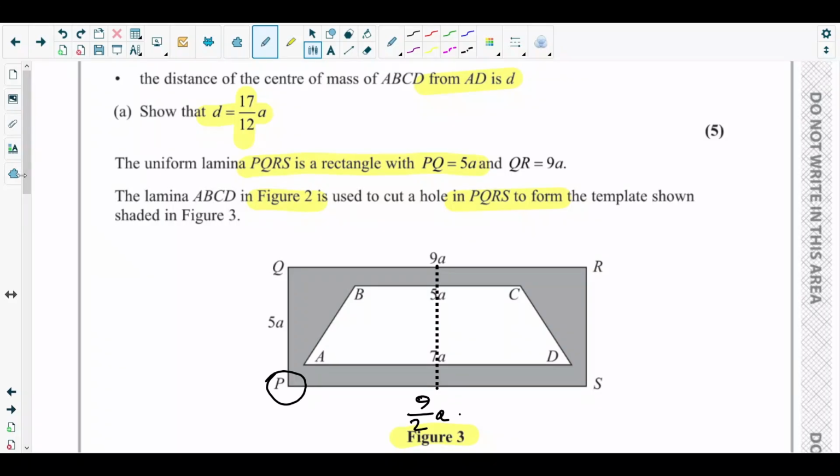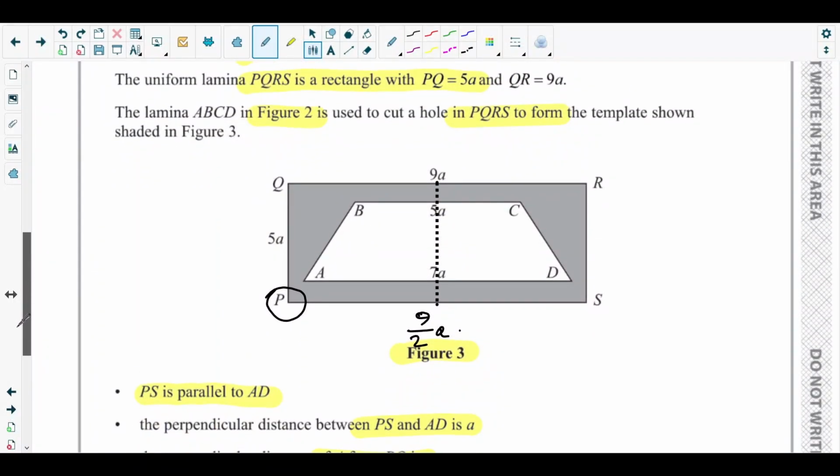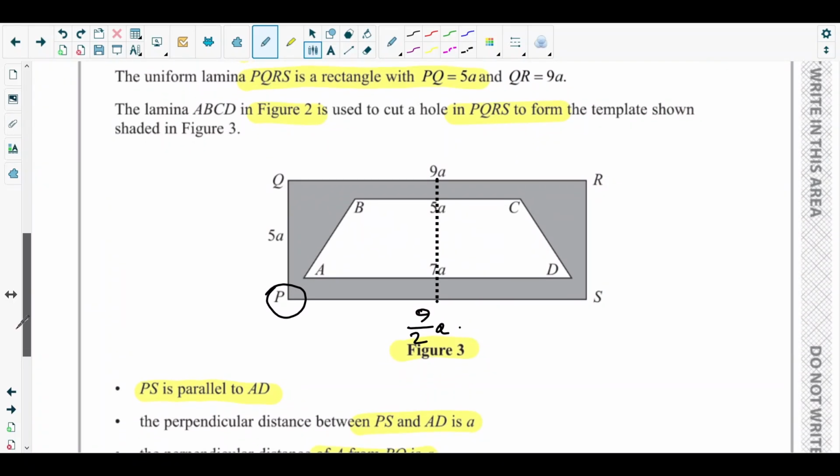So we got the position of the center of mass of the template from the point P horizontally. It is 9 over 2 a.